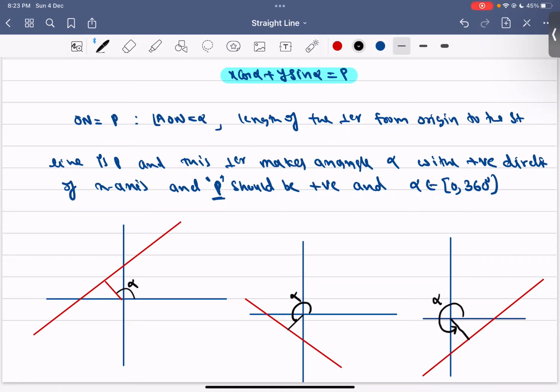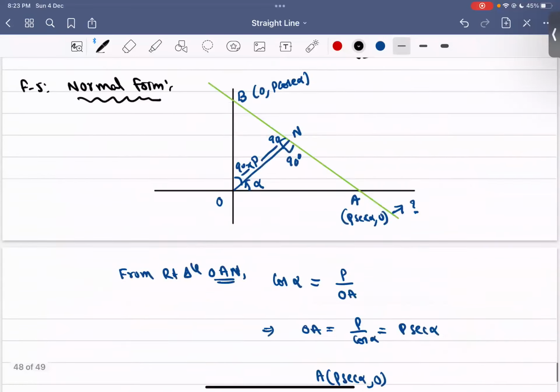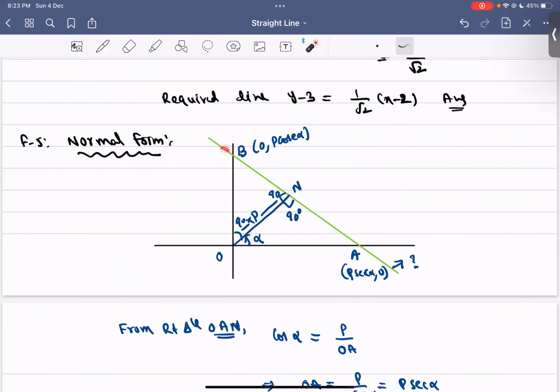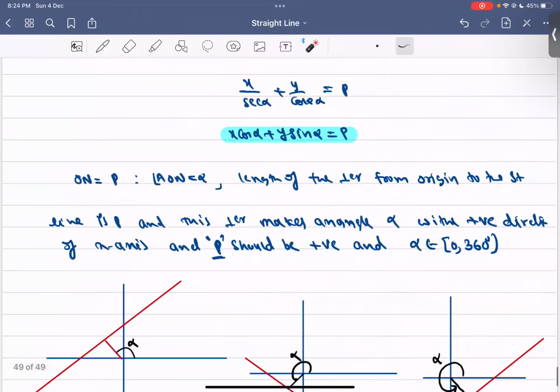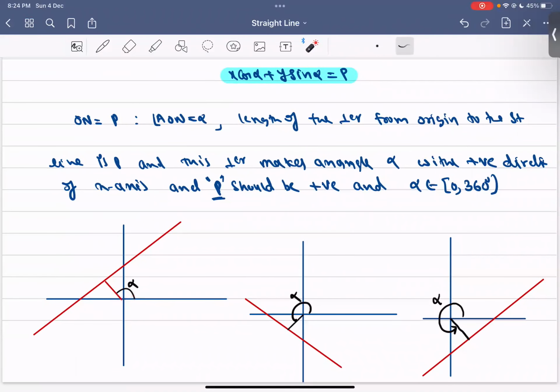This many cases are possible. In this proof, I have taken alpha as an acute angle, but it may be greater than 90 and less than 180, greater than 180 and less than 270, or greater than 270 and less than 360. All are possible. So this is about the normal form of a straight line.